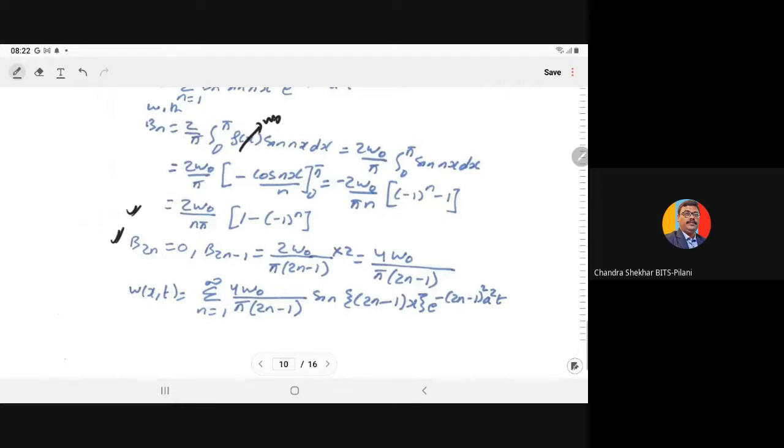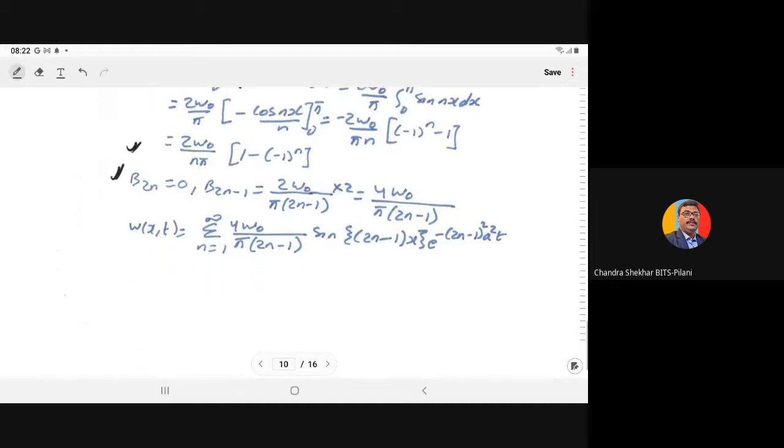When n is odd, this will become minus 1. So b_(2n minus 1) is 2 W naught upon n pi into 2. So that will become 4 W naught upon pi (2n minus 1).